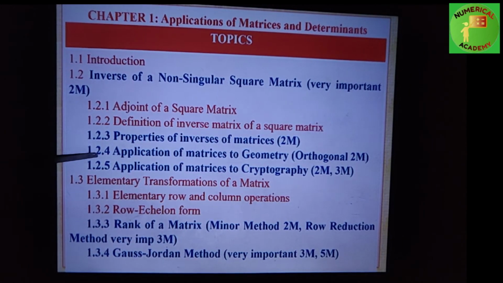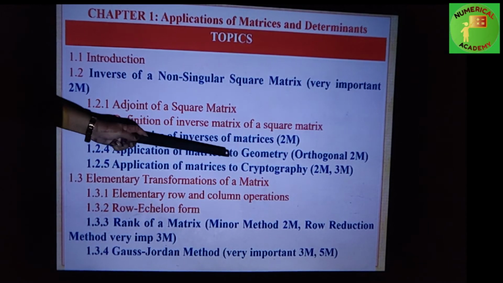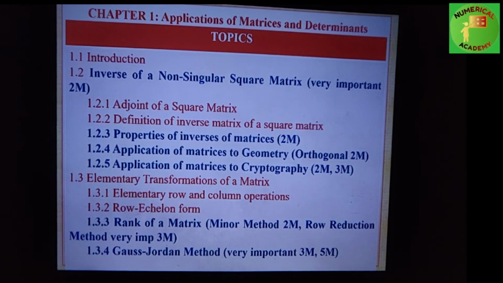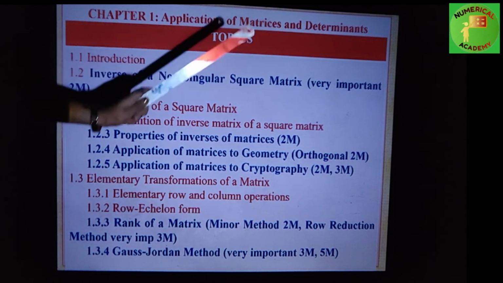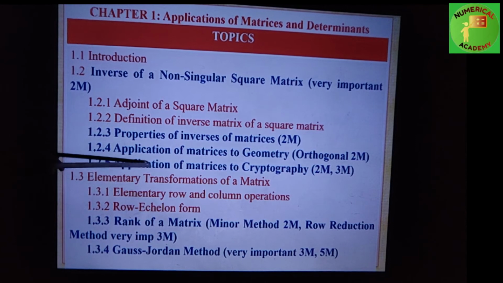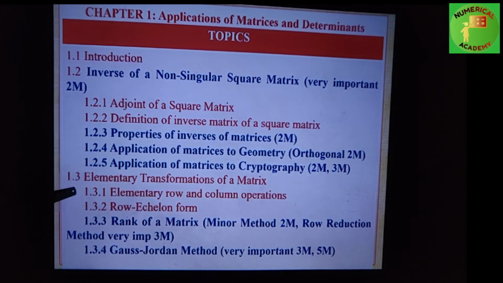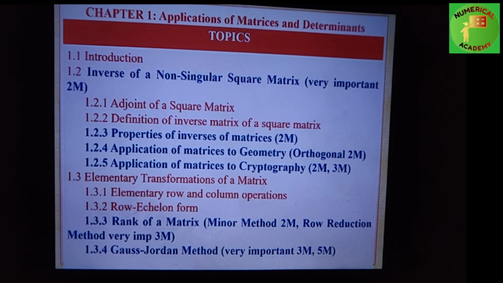Then 1.2.4, application of matrices to geometry, mainly the orthogonal sum, means check for orthogonality. That sum mainly comes as a 2-mark question. Then 1.2.5, application of matrices to cryptography. That sum also comes as 2 marks and 3 marks.